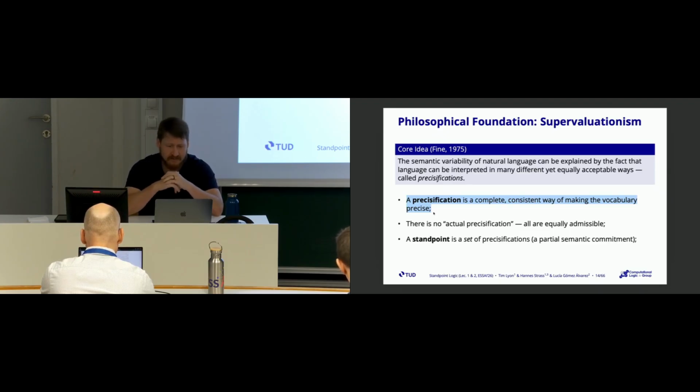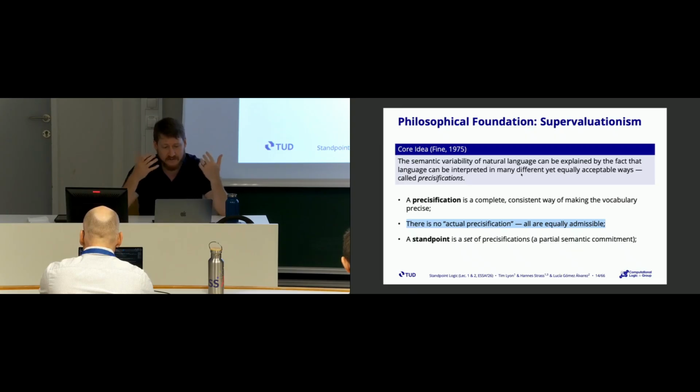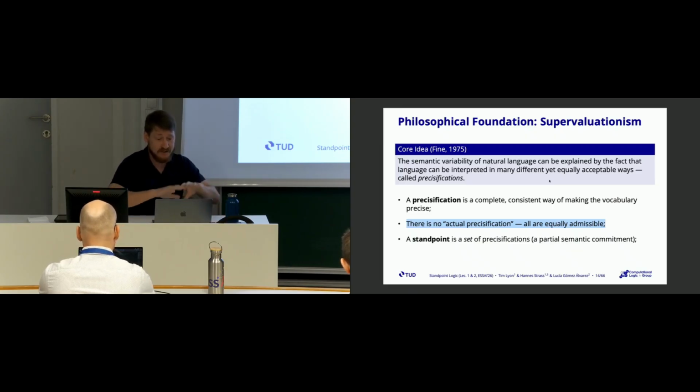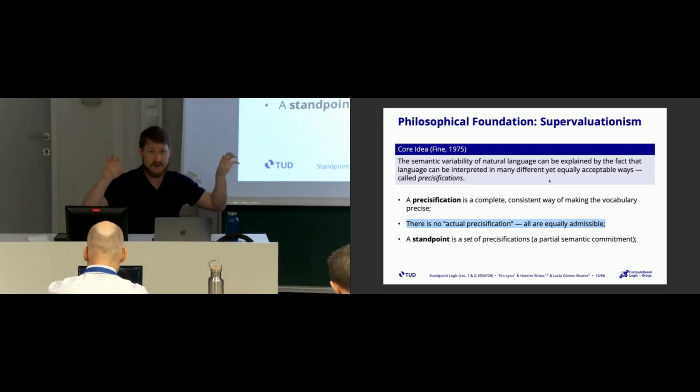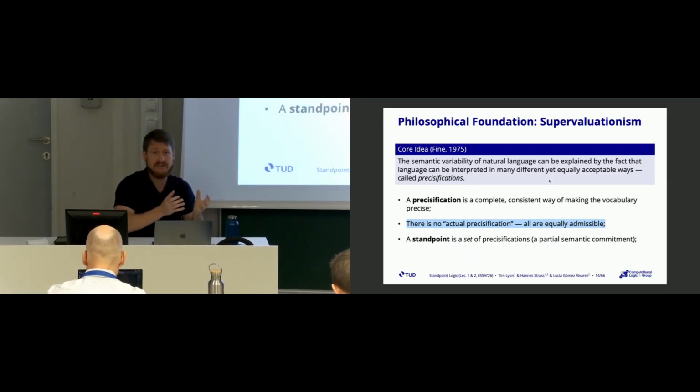Now, from the perspective of supervaluationism, there is no actual precisification. The semantic variability of natural language, from this perspective, is explained by the fact that you can have multiple ways of interpreting language and have complete logical consistency of reasoning within those interpretations in the way that you're using terms, but there is no actual one which is correct.